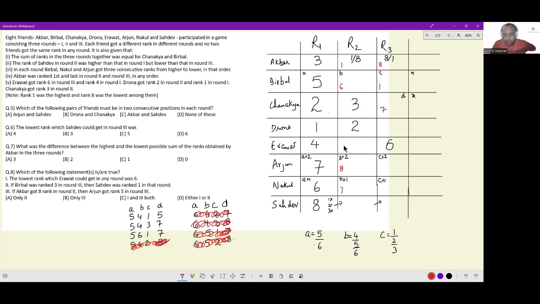Irawat can't have rank 4, so he will be rank 5 here. This fellow is rank 4 here. But the problem is, look at Birbal. If he is 1, Nakul is 2, Arjun is 3. A rank better than 4 is not available for round 3, which again makes this case untenable. This becomes an unacceptable case.